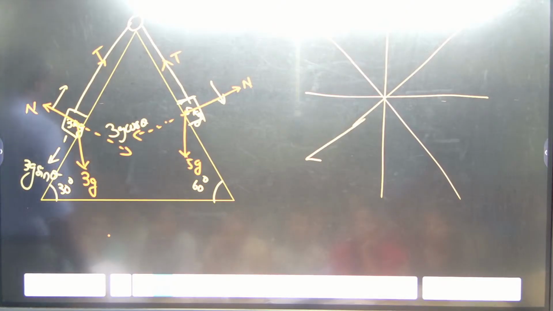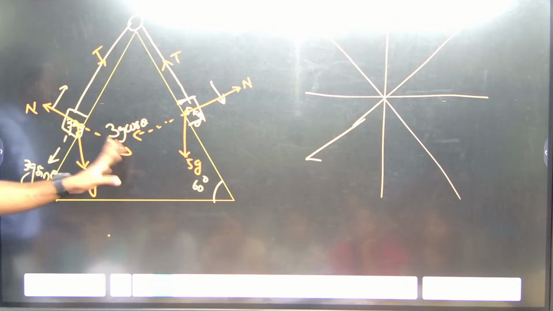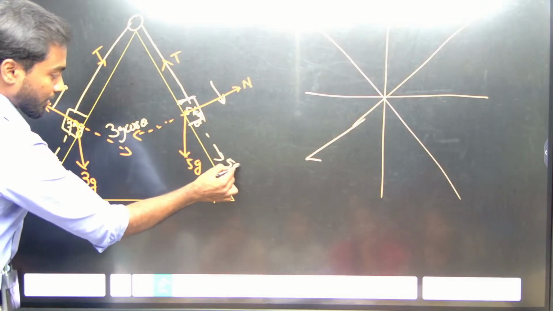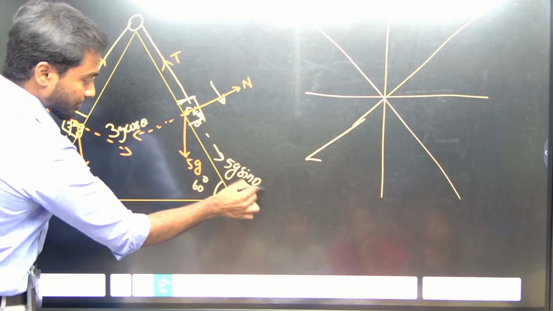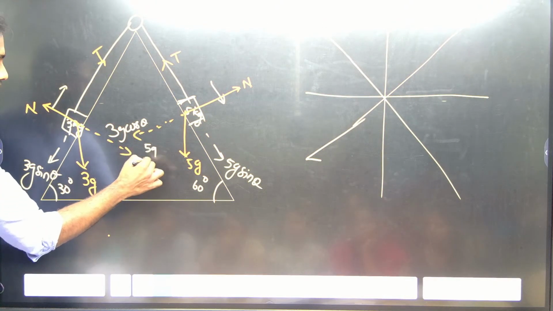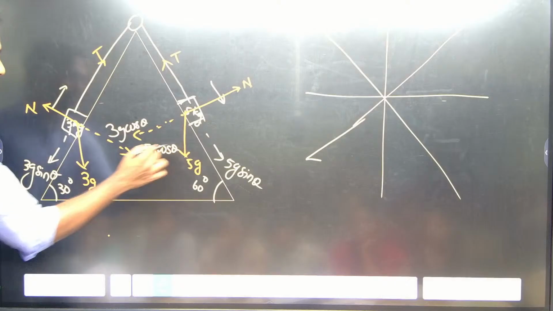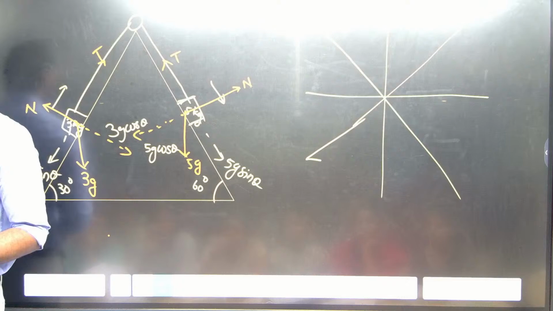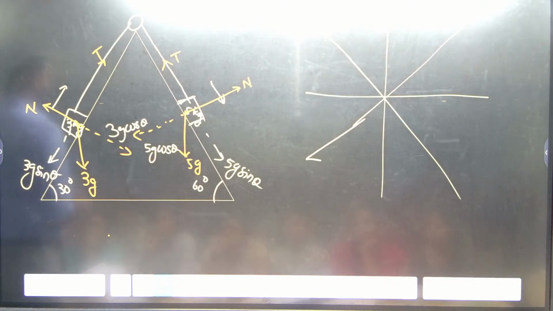So remember one thing: whenever it comes on an inclined plane, this is sin theta, and this becomes cos theta. Okay, similarly this also 5g, okay, 5g sin theta and this one will be 5g cos theta. Any doubt here? Does anyone have any more doubts? Or should I explain this once again? Okay.